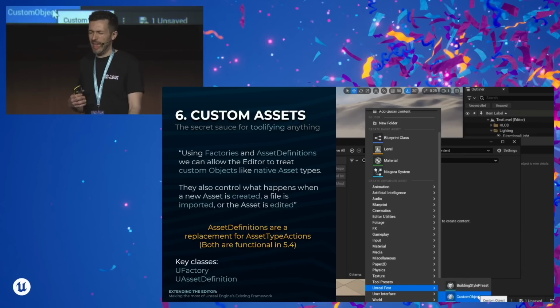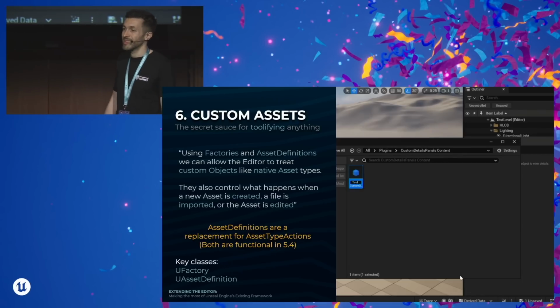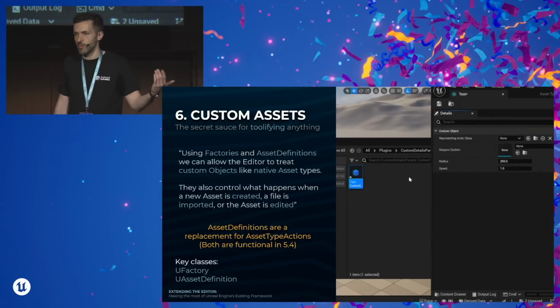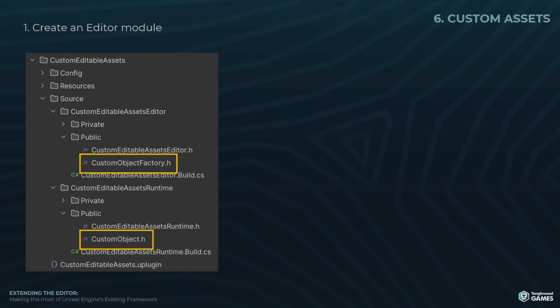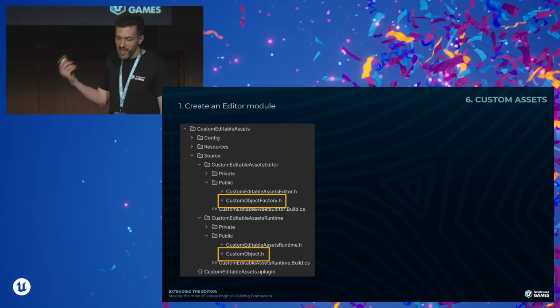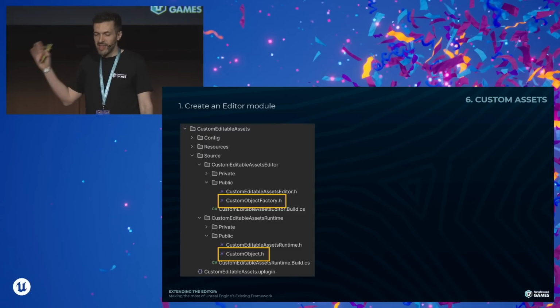The old system still works in the engine. Just be aware that if you search any info on this, you will probably see the old system, which is going to be removed at some point. So we know the drill. By now, we have the object that we're gonna use in the game in a runtime module, and then we have the factory, which is editor only.